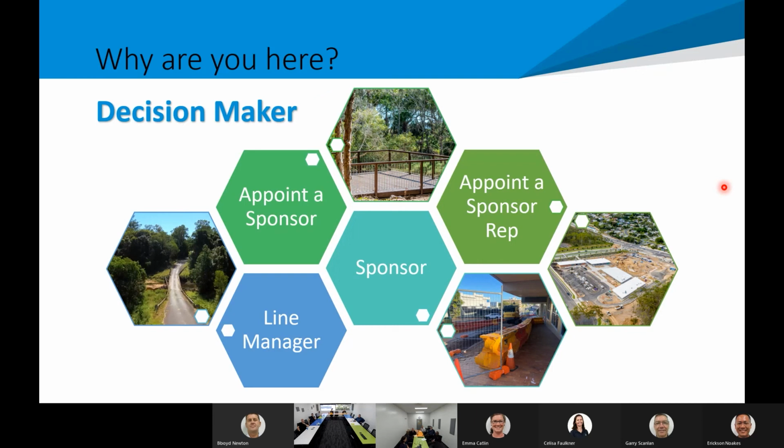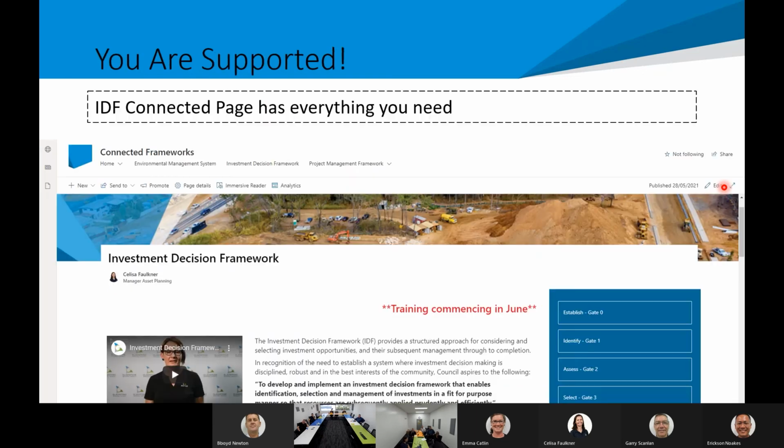You may be appointing a sponsor's rep to act on your behalf if you're the sponsor. Or you could be a line manager, and a line manager has a few different jobs, particularly in the upfront gate 0. But obviously you have your normal duties, watching or managing the work through the phases as well.